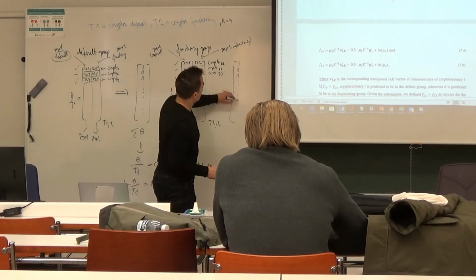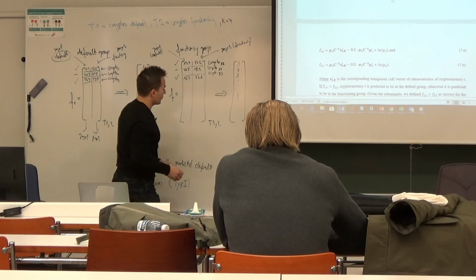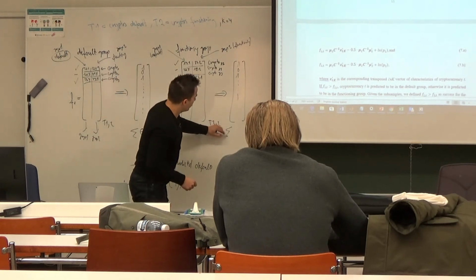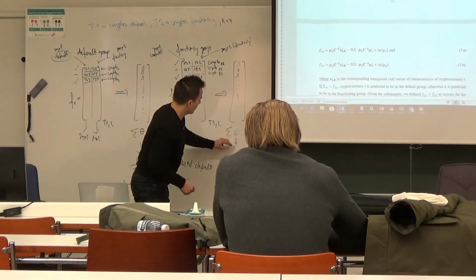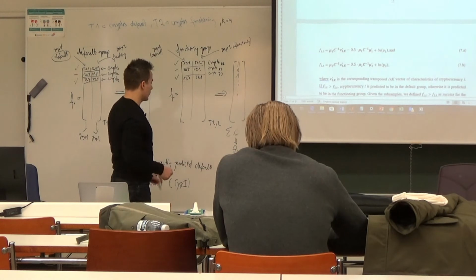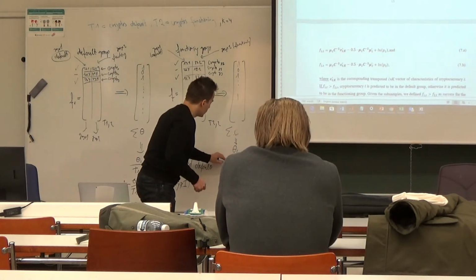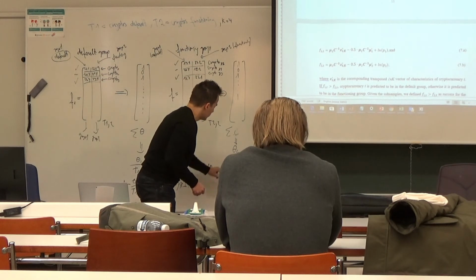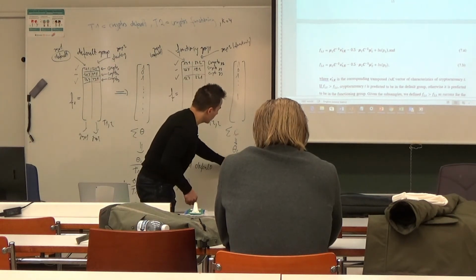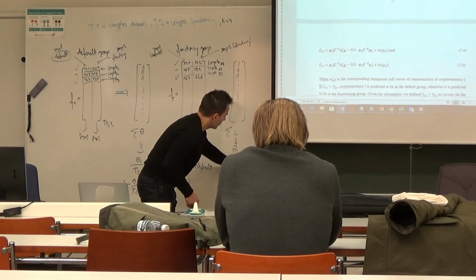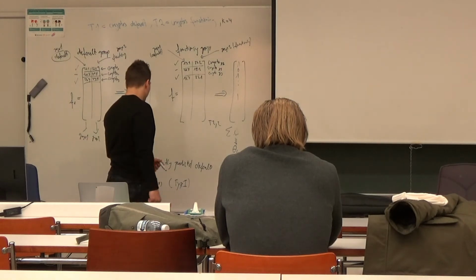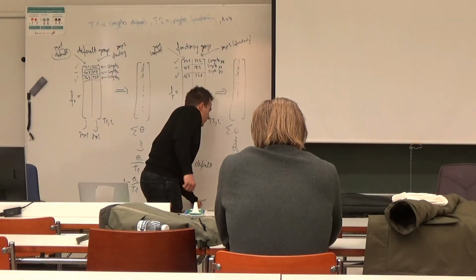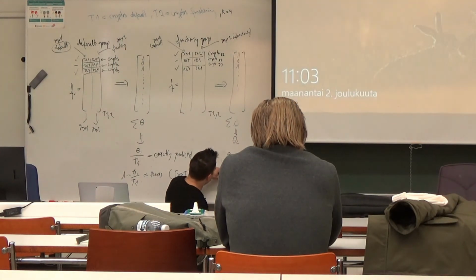And so on. Having created this binary vector here, then again we can take the sum, and let's say the sum of this vector will be theta 2. Then we know, okay, theta 2 over T2 is the correctly predicted functioning group, and 1 minus theta 2 over T2 is the error.